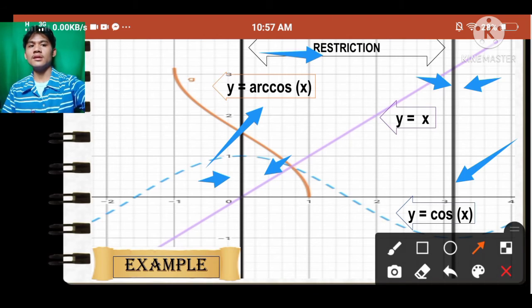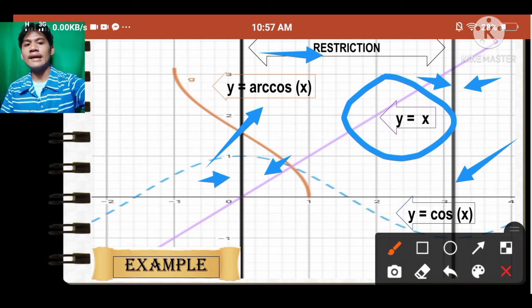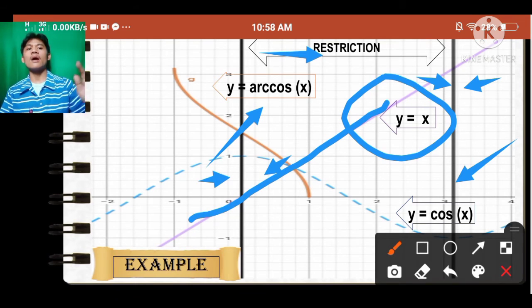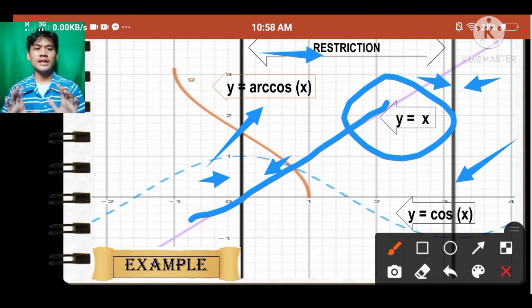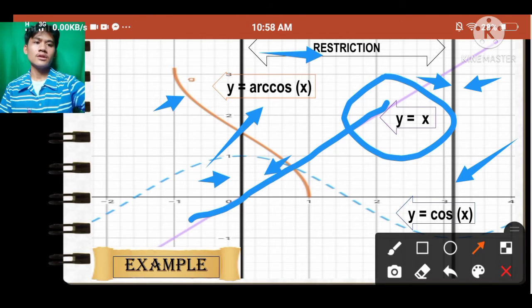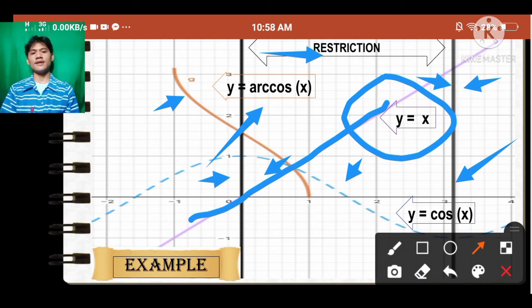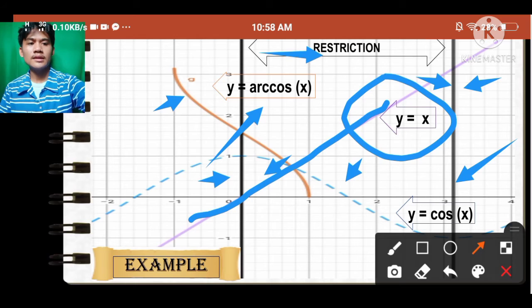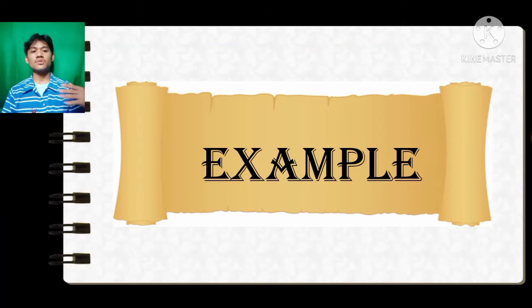As you observe here, this violet line is the reflection, which denotes the inverse. So we have this graph for our inverse, this orange line, and for the original function we have this blue line here.